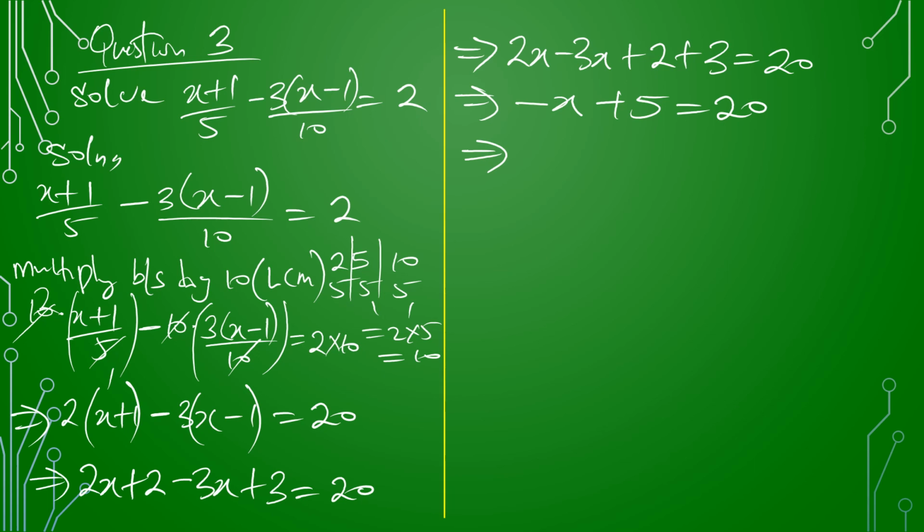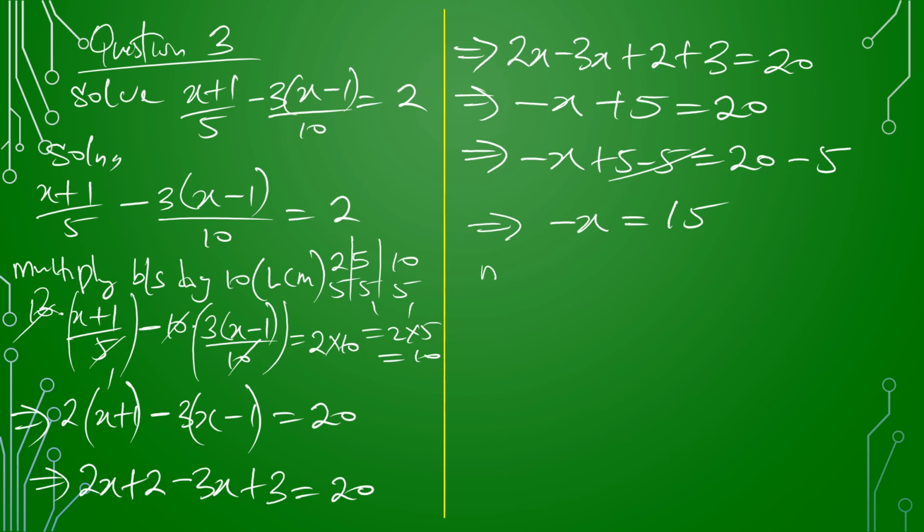Then this also means minus x. Now we want to solve for x, so we subtract 5 from both sides. Minus x plus 5 minus 5 is equal to 20 minus 5, and then these two will go. You have minus x as equal to 20 minus 5, which is 15.